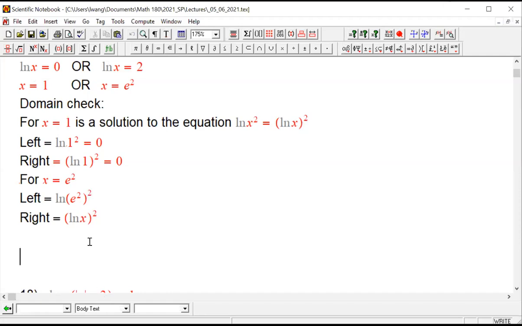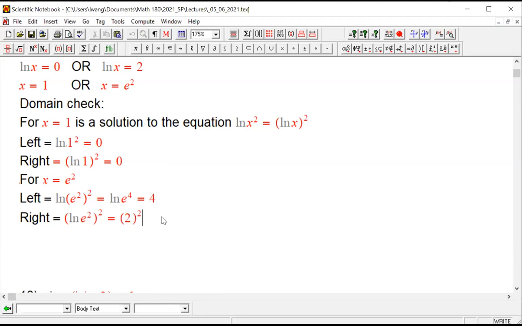Right? And over here, this is e squared. What do we get? In this case, you do exponents first and then apply ln. So you're going to do ln e to the power 4. And that, of course, is 4. In this case, you have to do the inside first and then square. So you do this inside first and you get 2 squared.